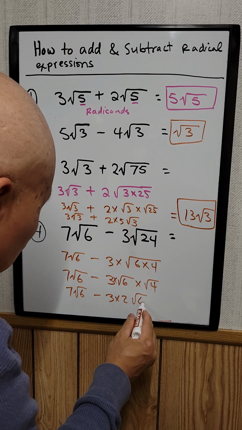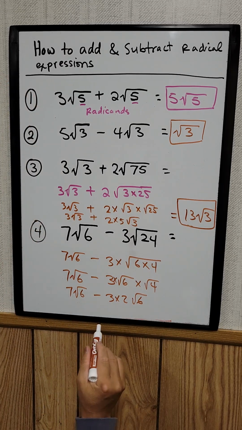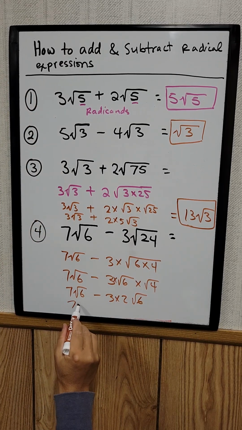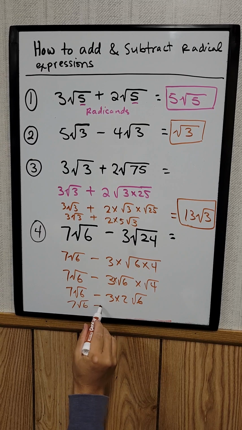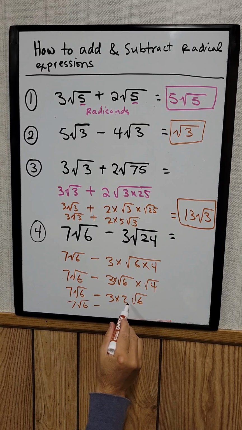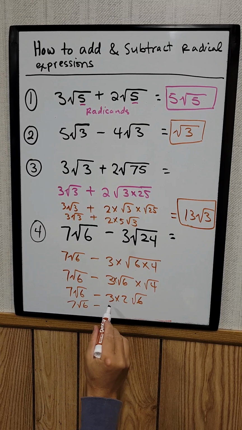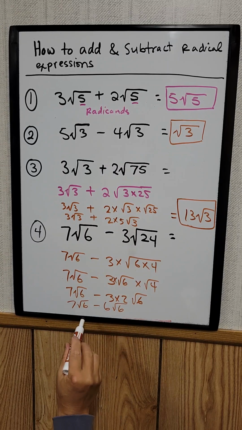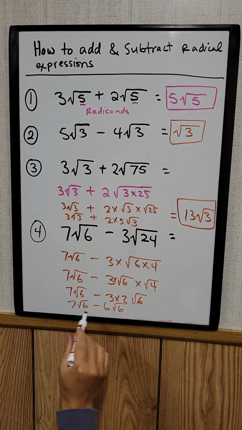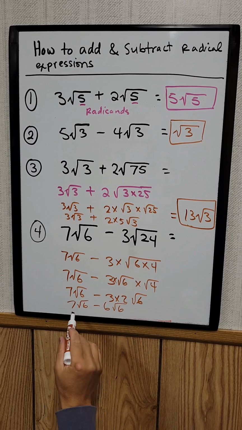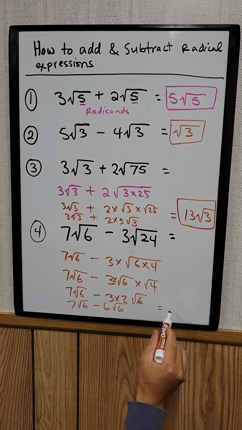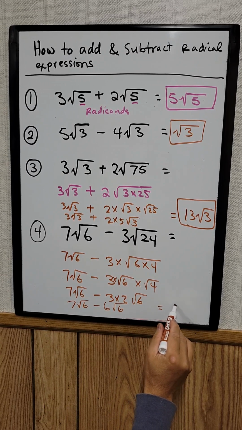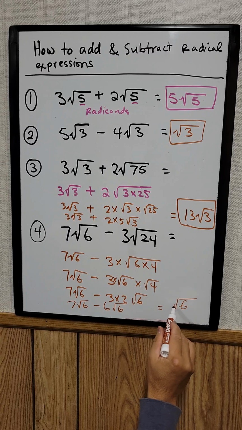So 7 times the square root of 6 minus 3 times 2 is 6, the square root of 6. Now we have the same radicand right here, 6 and 6, therefore we can just subtract. So 7 minus 6 is just equal to 1. So the answer is just the square root of 6.